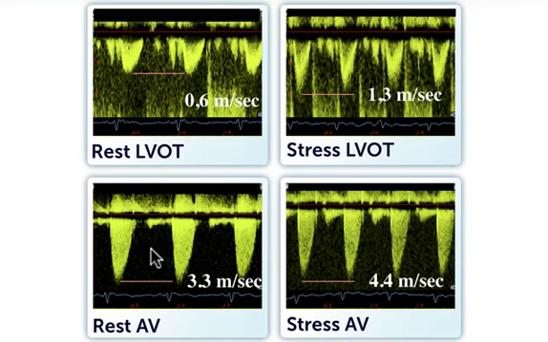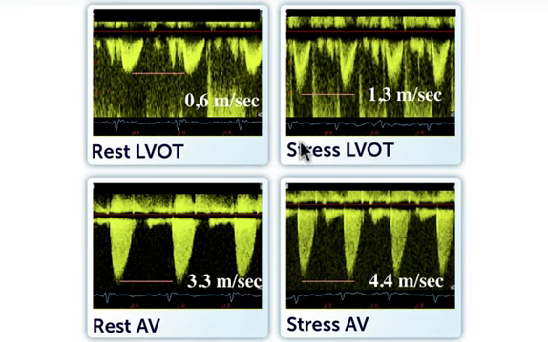The resting AV velocity is only 3.3 meters per second. And when we give the patient dobutamine, we will see a significant increase of peak AV velocity up to 4.4, pointing to severe aortic stenosis.